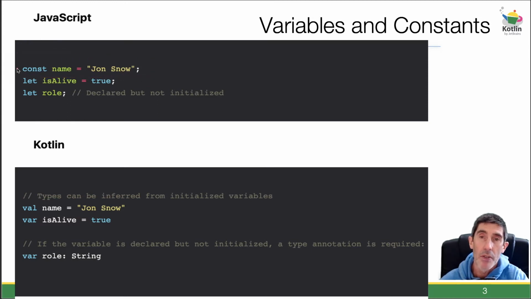And if we want variables that we can change, we can use let, and then we can declare but not initialize, and we can do the same down here. So here's our var isAlive, give it a value, or we can explicitly give it a type and not initialize it. But remember, you have to do one or the other. You can't just declare it bare like you can in JavaScript. You have to either specify the type or a value, so an inferred type. That's our variables and constants.